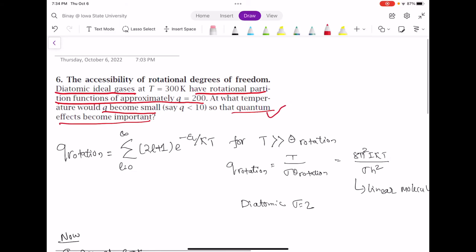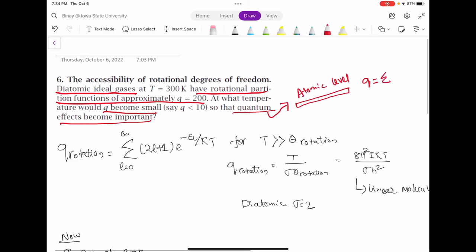These quantum effects are visible at the atomic or subatomic level, and at the atomic level the things should be very small. Our Q, the partition function, is nothing but a summation over all the energy states. Why do you need a small q? If your q is very high, on the order of 10 to the power 6, that means there are a great number of energy states, and that doesn't put the system at the atomic level.